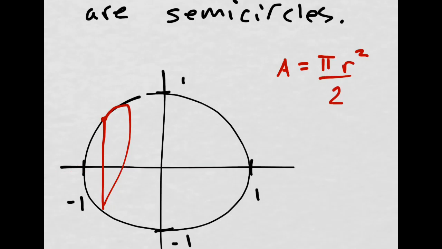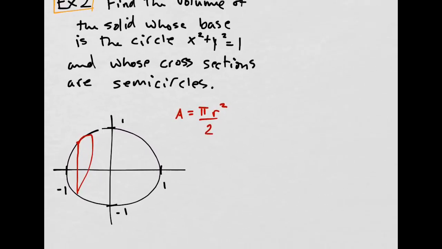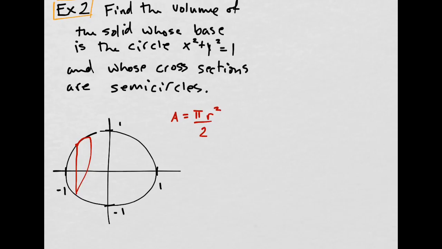We just need to know the function for the top of the circle, right? Do we know how to get the function for the top of the circle? We've done this before. You just take this and solve for y. You'll get plus or minus the square root of 1 minus x squared. The top of the circle is the plus part, right? Okay, so we'll do that.